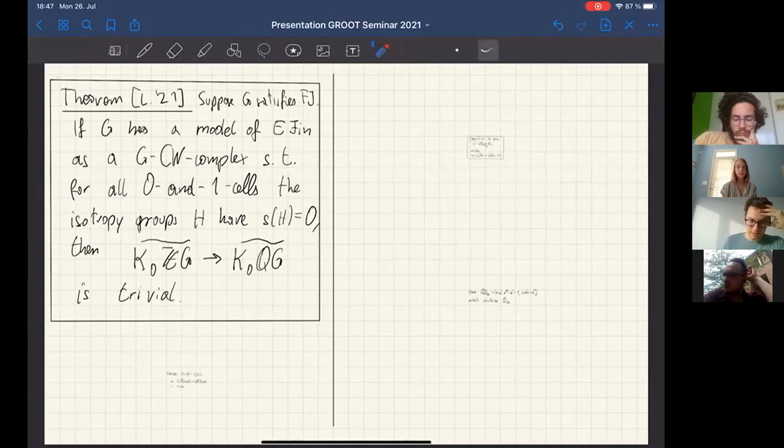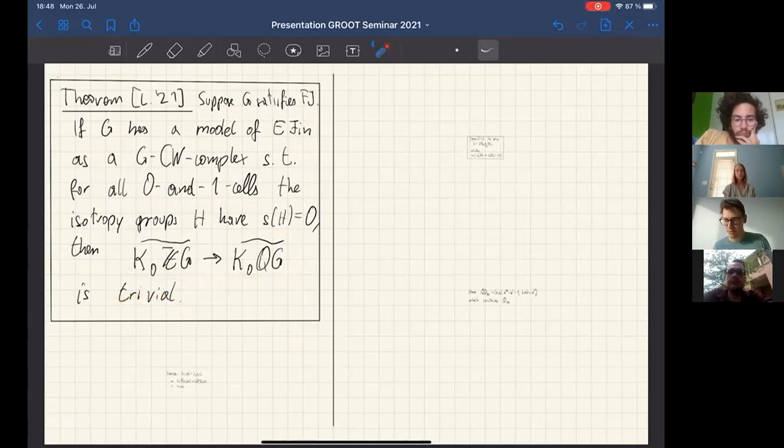Suppose G satisfies the Farrell-Jones conjecture, and it furthermore has a model of the classifying space for finite subgroups. This is a space that always exists for any group, and sometimes you can give a geometric description of it. But the point is that if I have the assumption that for all 0 and 1 cells, this Schur index condition vanishes for all of the isotropy groups, then this map is trivial.